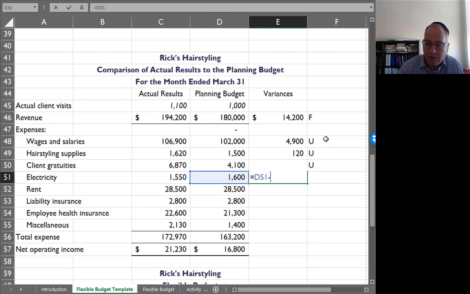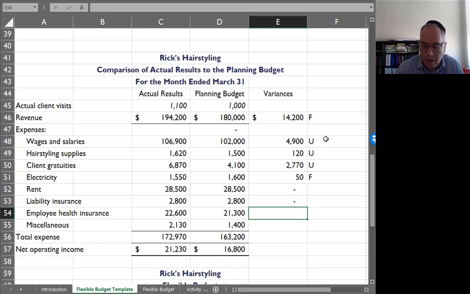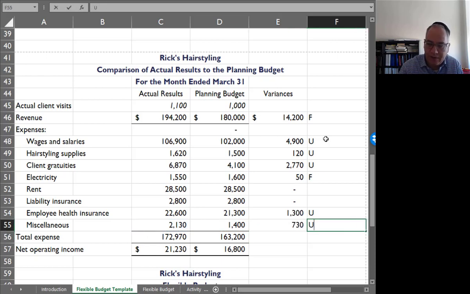Electricity was lower, so that would be favorable. Rent was the same. Liability insurance was the same. Employee health insurance was a little higher, so that would be unfavorable. And miscellaneous was higher, so that would be unfavorable.